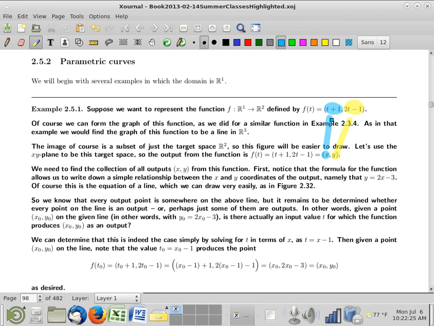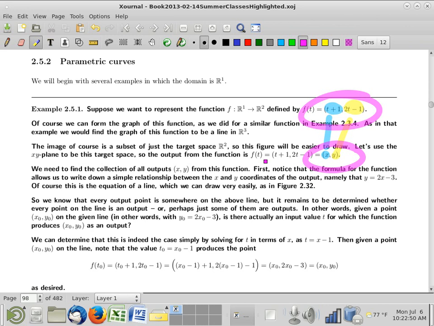If you can find a relationship between these algebraic expressions, in this case t plus 1 and 2t minus 1, what you have found is an algebraic relationship between x and y. Namely, you will have found an equation that relates to the curve in question. And that's exactly what we're going to do.